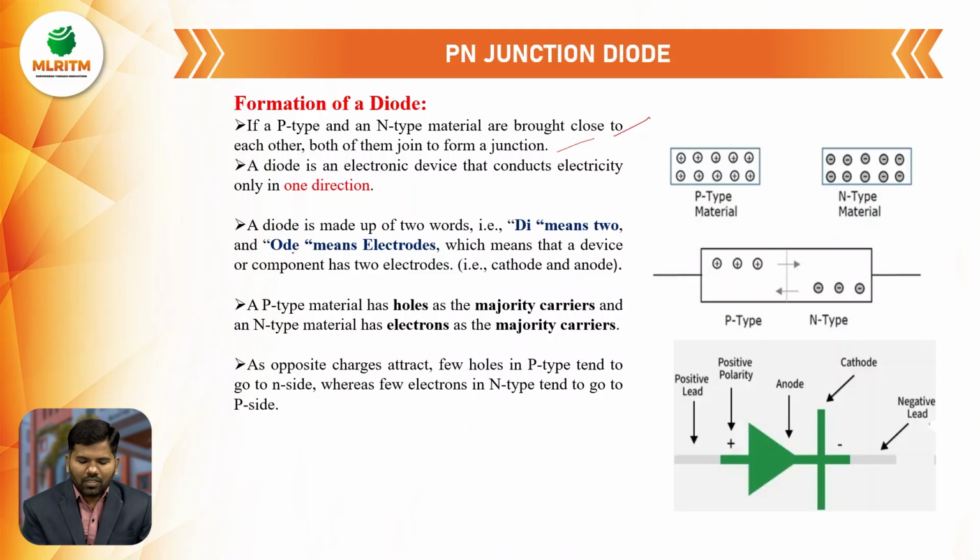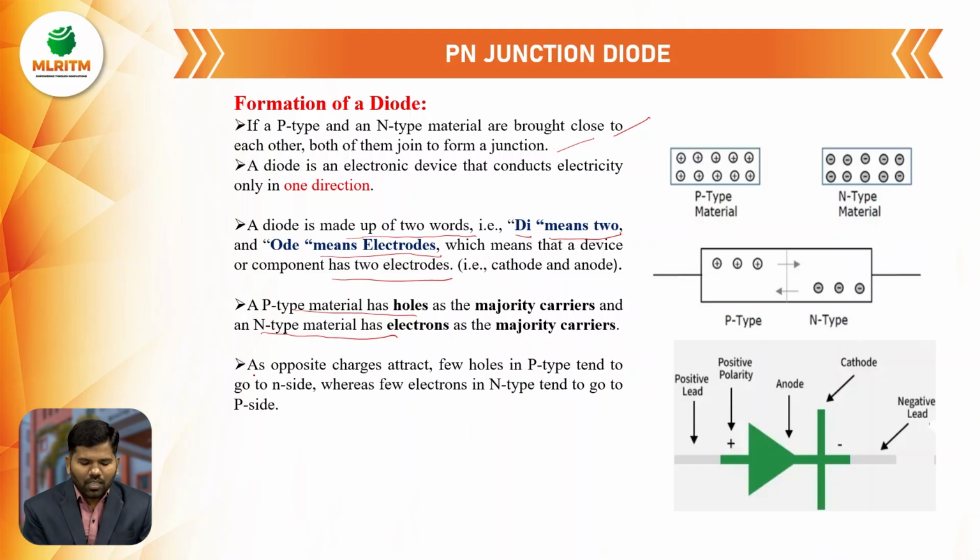The word diode is made of two parts: di means two, and ode means electrode, so the component has two electrodes, anode and cathode, the positive and negative terminals. In p-type material, holes are the majority charge carriers, and in n-type material, electrons are the majority charge carriers.